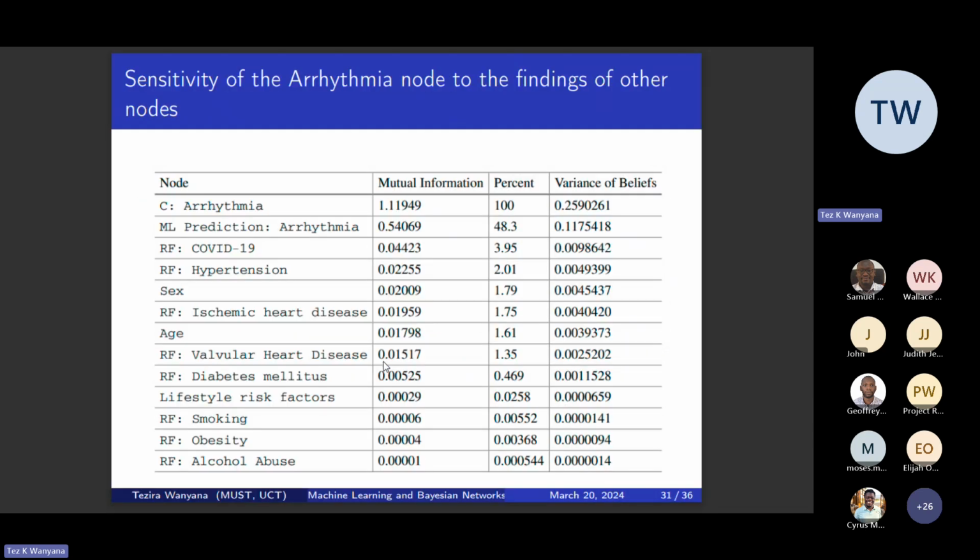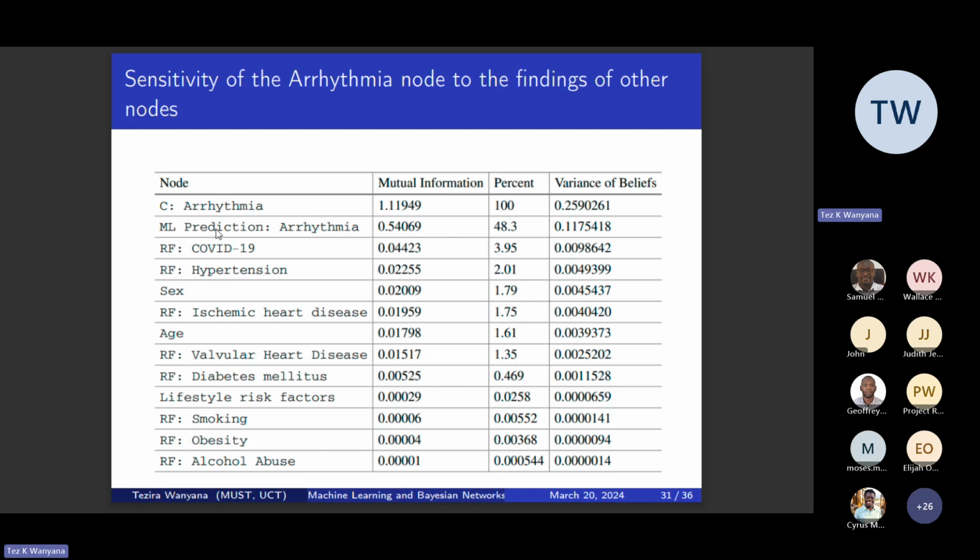And then for sensitivity, I'll skip some of the things that I've already talked about before and move on to what I haven't talked about for the PHA. For the sensitivity to findings, we are now looking for information. How exactly are the rest of the nodes adding information to our belief or our certainty that someone has arrhythmia?